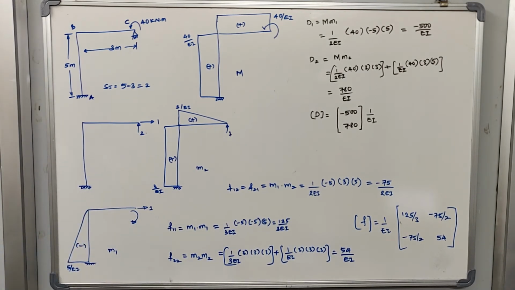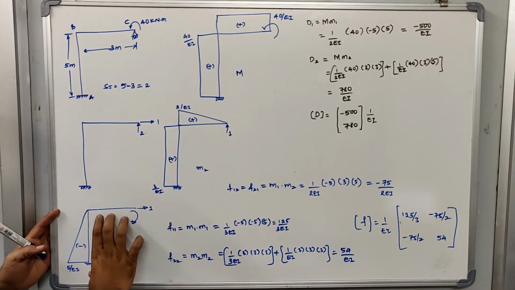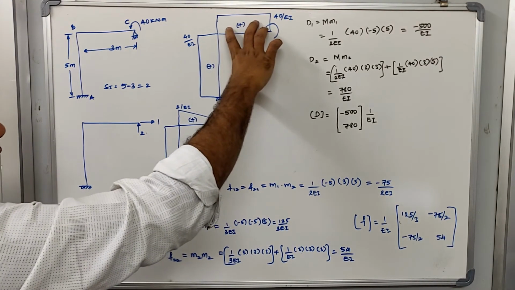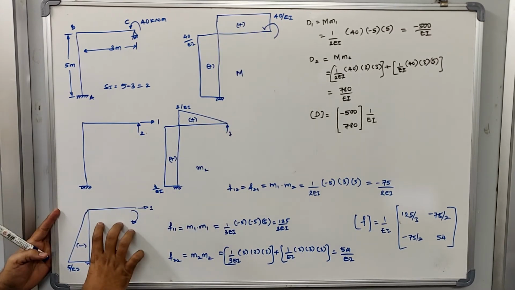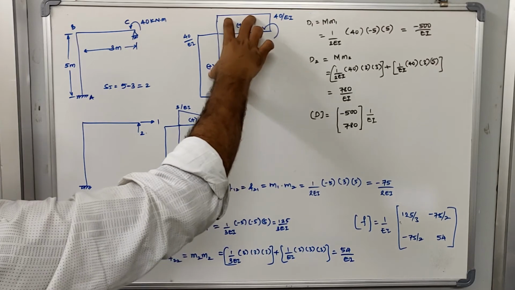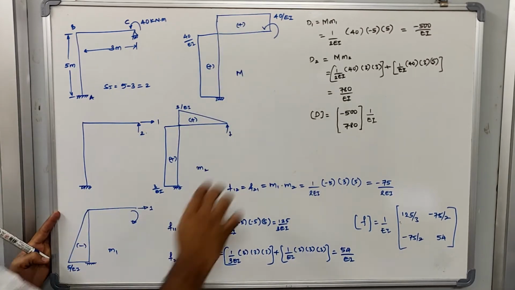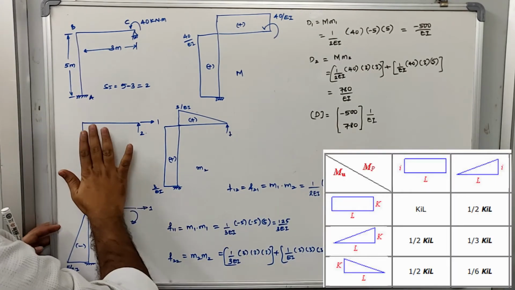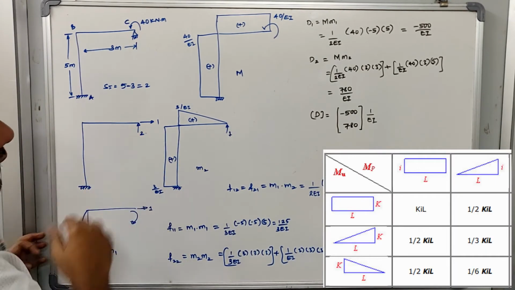This can be calculated by multiplying the bending moment diagram of the loaded figure with the unit load diagram. This diagram is to be multiplied with this diagram. Here I have written it as D1, which represents the displacement in the horizontal direction.